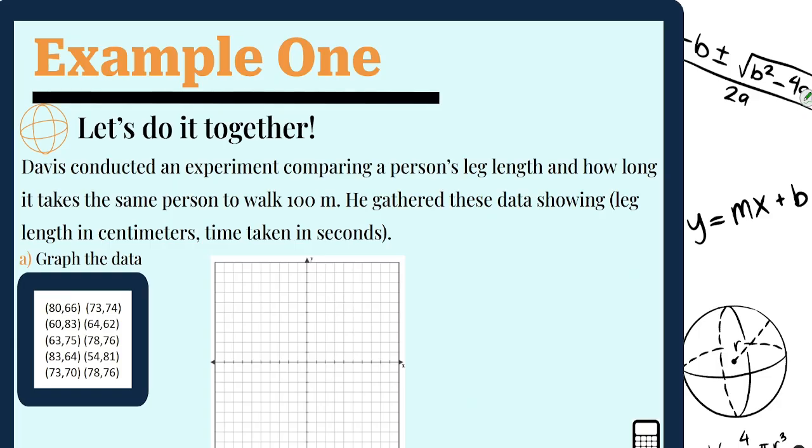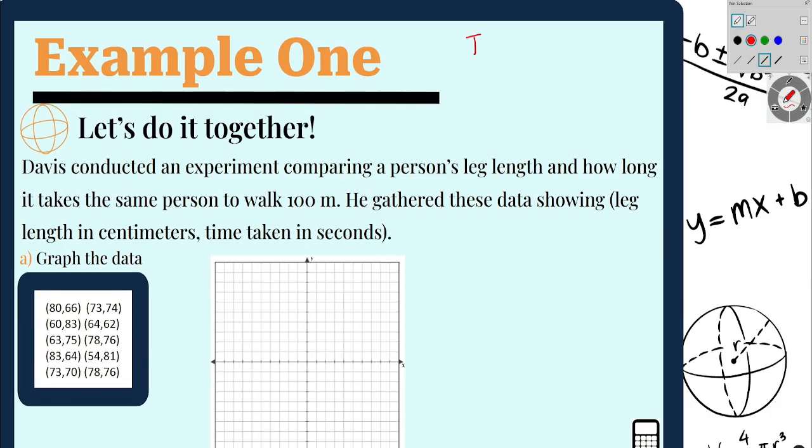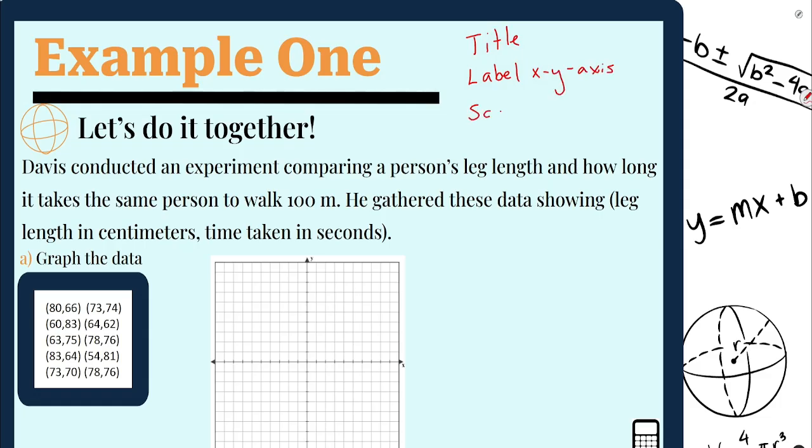If you need help remembering, in your study guide, there is a section on how to label a graph, parts of a graph. You must include a title. You must label the X and Y axis, and you need to focus on your scale proportion.